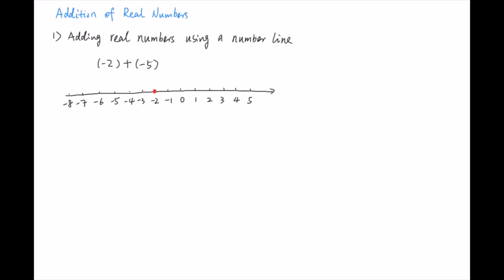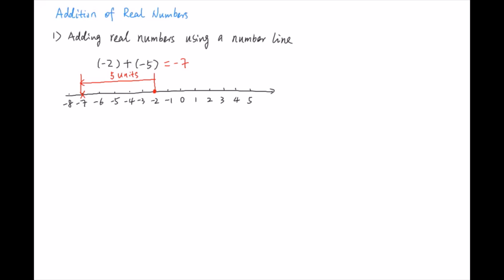And we need to add -5 to -2. That means we need to move to the left by 5 units. So from this point, we move to the left by 5 units. So here is 5 units. Now you can see the result is -7.